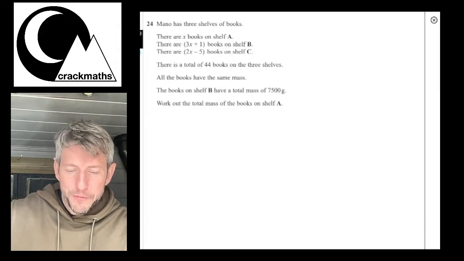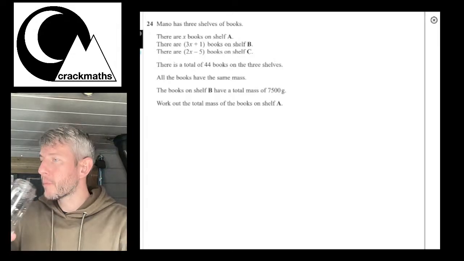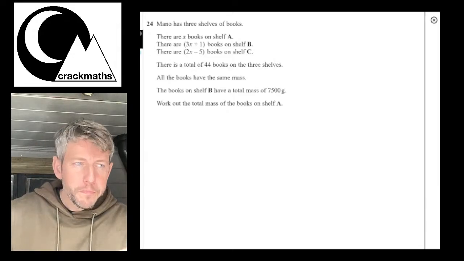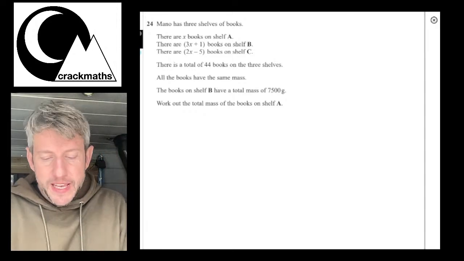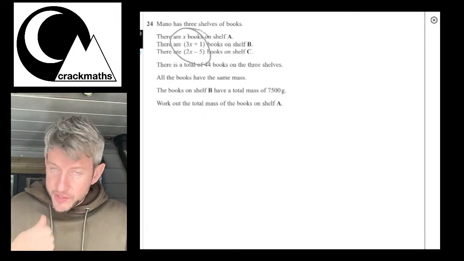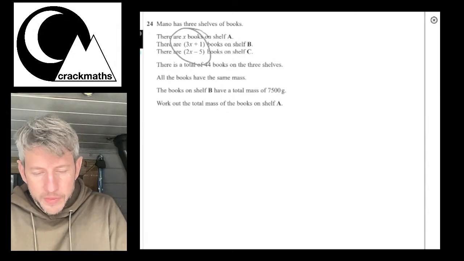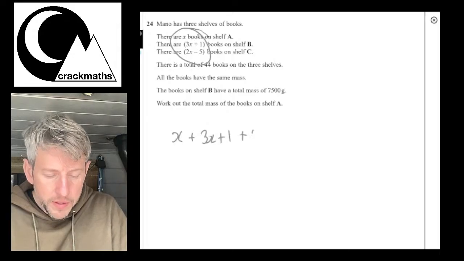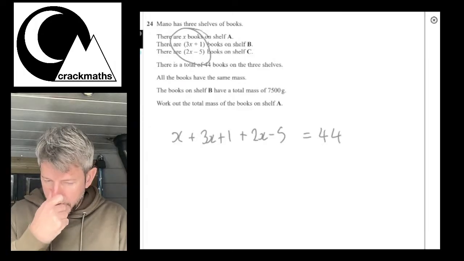I think the first thing we need to do is work out how many books are on each shelf. So we're going to add these 3 expressions together and say that they're equal to 44. So x plus 3x plus 1 plus 2x minus 5 is going to equal 44 books.